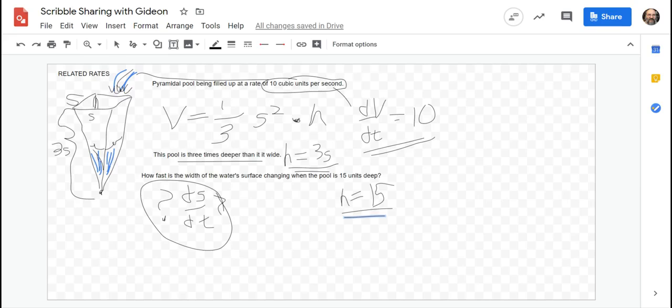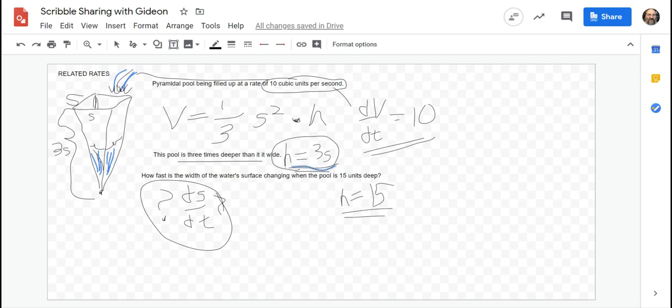Now, of course, that'd be kind of nasty if we kept s squared and h separate. We'd have to do the product rule. But nicely, they related h to 3s. So one of the first questions you might be asked is simply restate the volume in terms of a single variable. That just means substitute away either the s or the h.